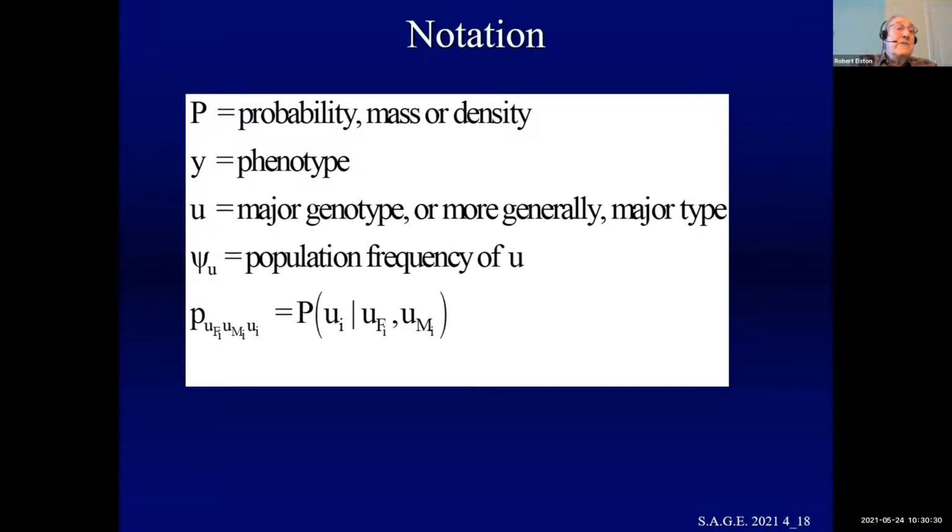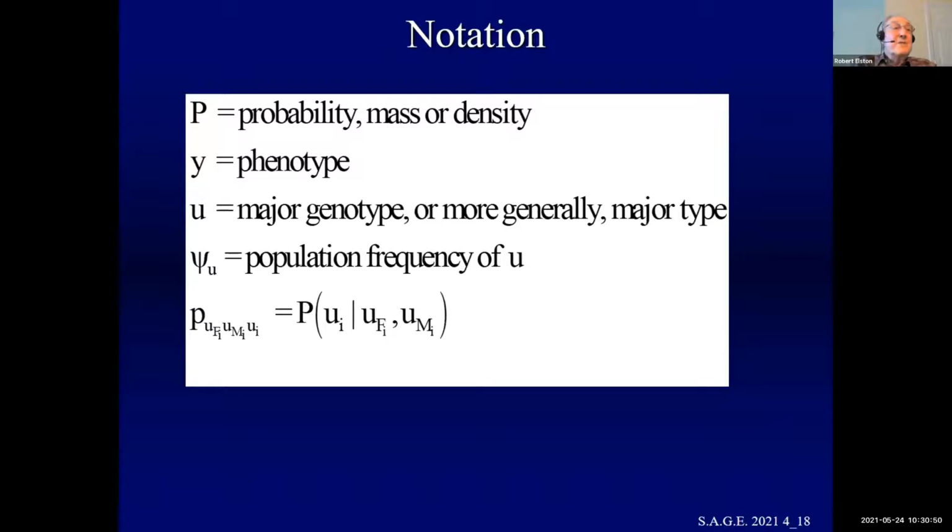Psi_U is the population frequency of genotype U, and this P value is the probability an offspring has genotype U_i, given the father has genotype U_Fi and the mother has genotype U_Mi.